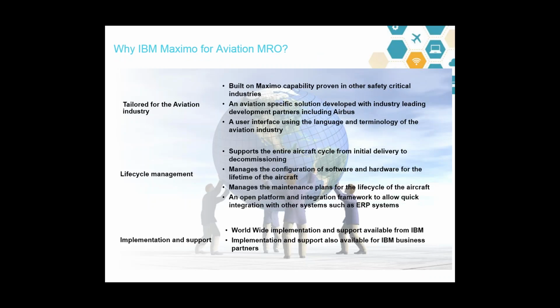It's really looking at managing the whole life cycle, from receiving the aircraft and getting the maintenance requirements documents right at delivery, all the way till the aircraft is sold or end of life, maximizing the value throughout the life cycle support. And clearly a long history of implementing and supporting Maximo worldwide, both by IBM and from a core set of business partners with a lot of experience in this market space.